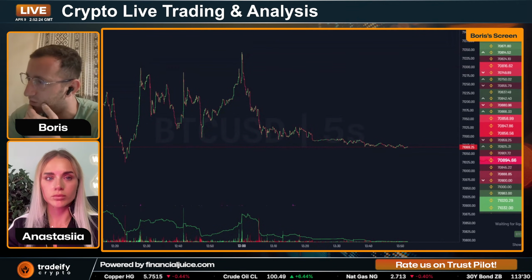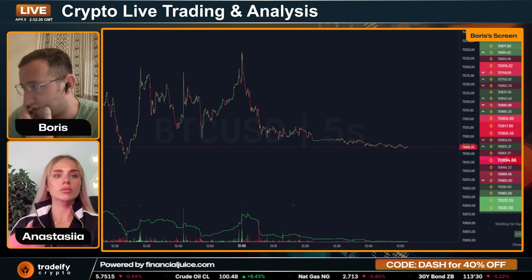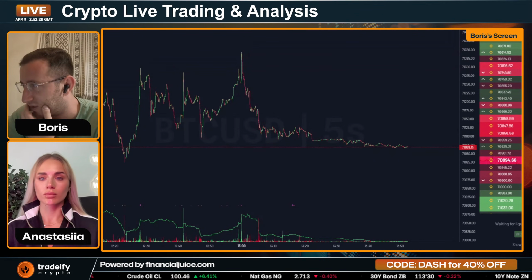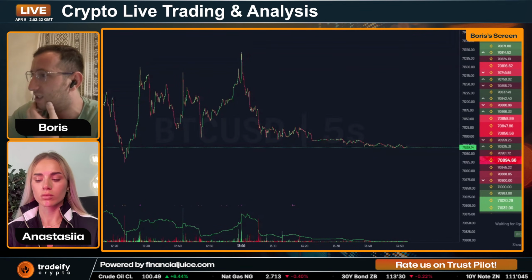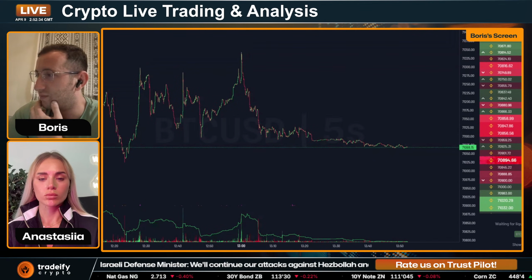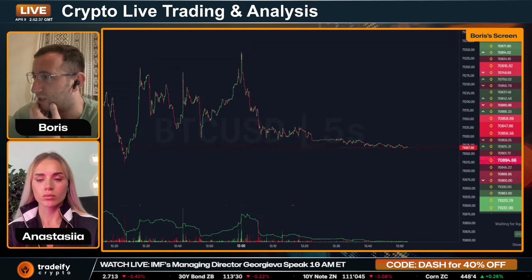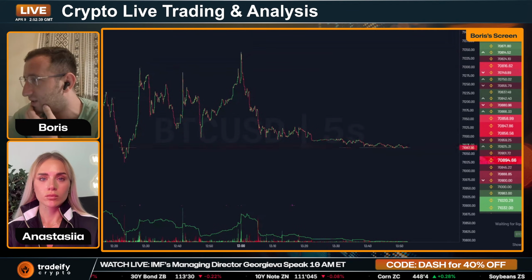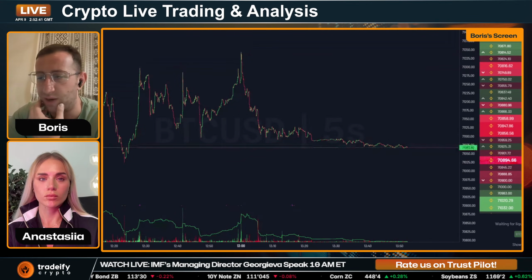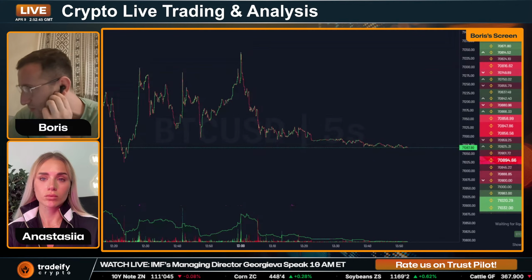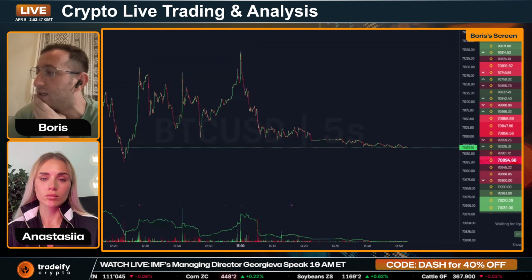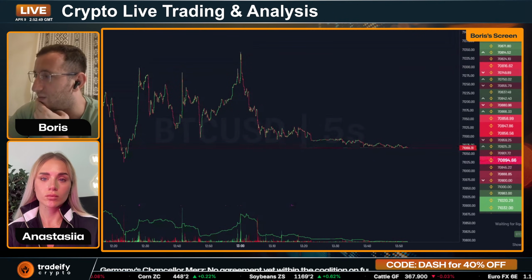This would be a break above the range at around 4,750. And if we break above the 55 exponential, then I think we can move back towards these highs, perhaps go back to 5,000. So actually, gold is looking much more bullish than Bitcoin to me right now.